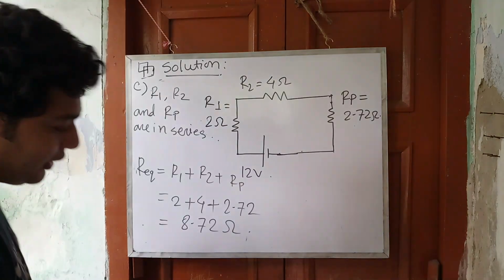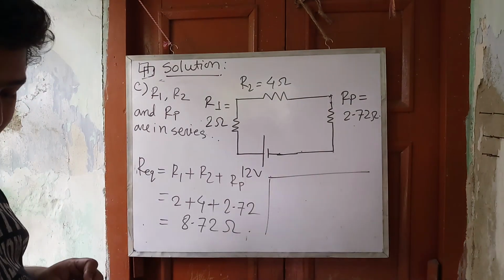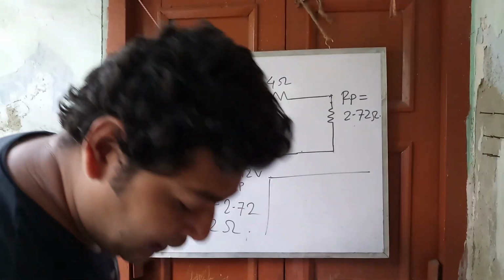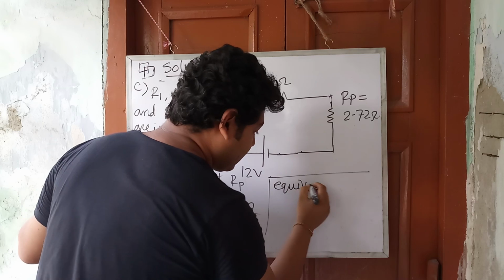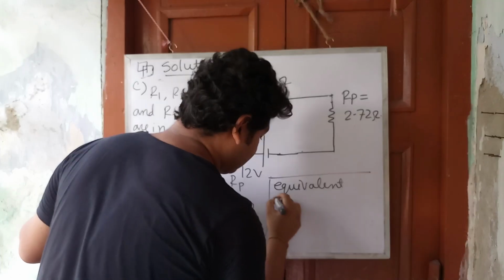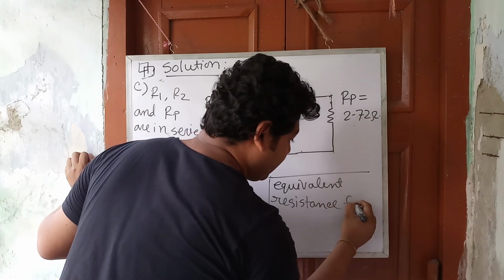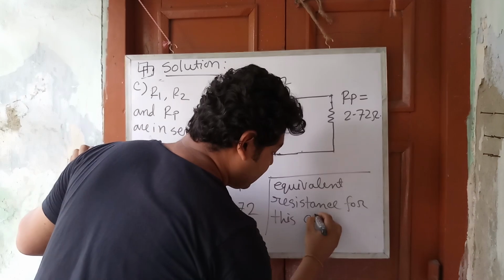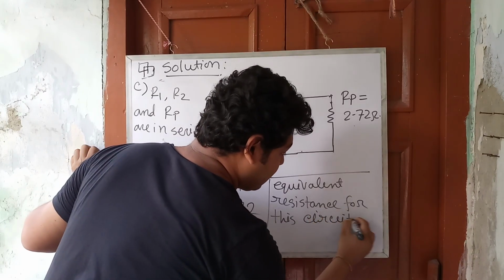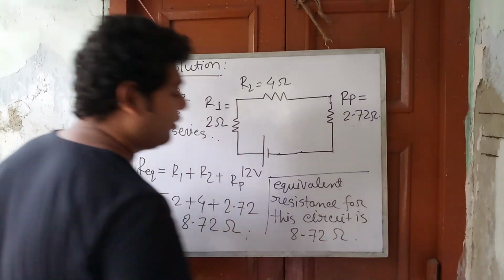So we can write the equivalent resistance for this circuit is 8.72 ohm.